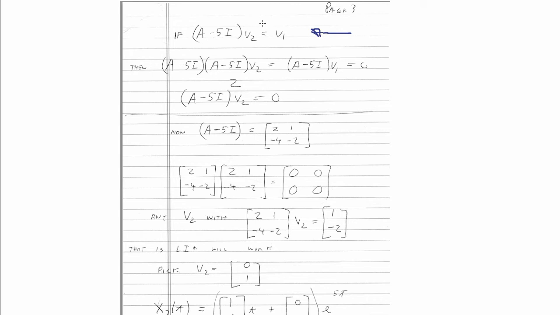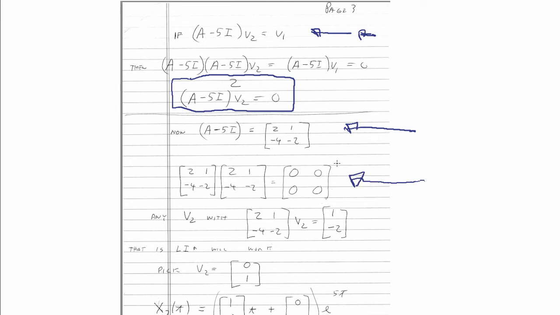If we know this is the case, then if I evaluate both sides on the matrix A minus 5I, I get my equation right here: v2 has to satisfy that when we take the square of A minus lambda I and evaluate at v2, we need to get 0. So here I'm going to find the square of A minus 5I.